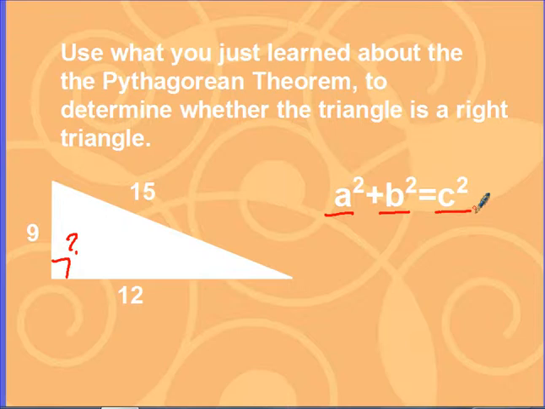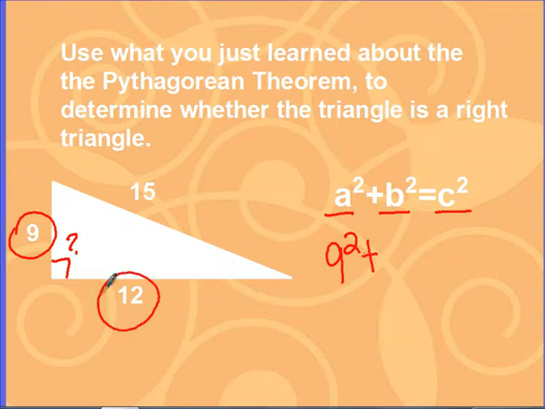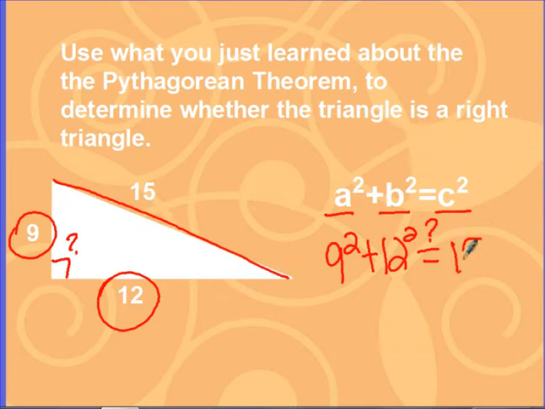Let's start plugging some numbers in. Let's say that this is a, so I would write 9 squared plus b. B is my other shorter side, which would be 12 squared. And I'm asking myself, does that equal the longer side, 15 squared? If it does, then I know it's a right triangle.